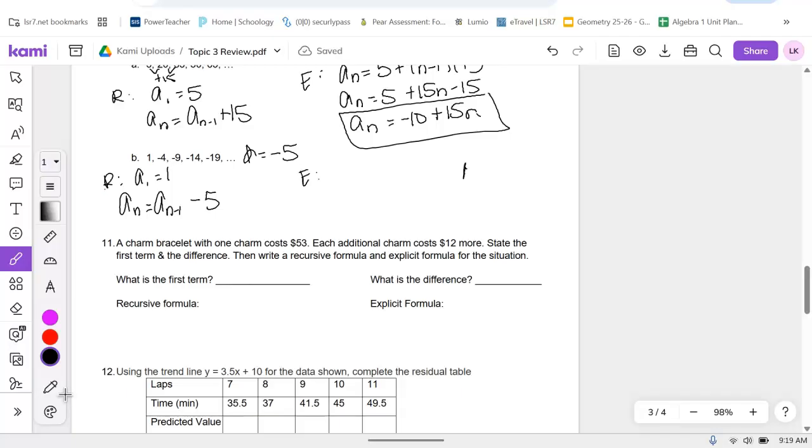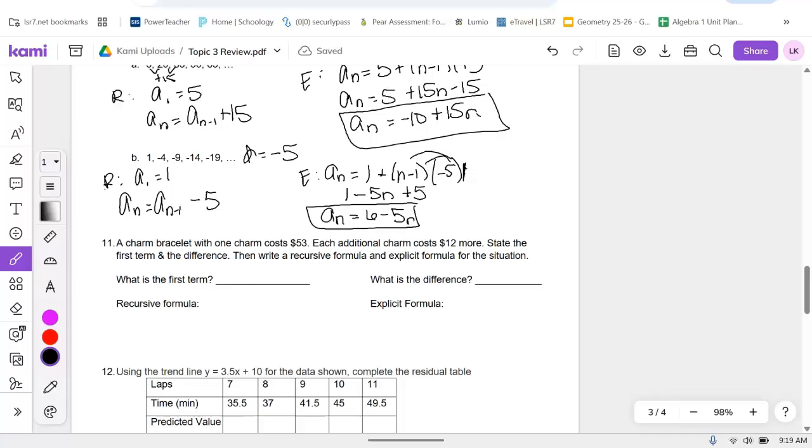For explicit, I have AN equals 1 plus n minus 1 times negative 5. I'm going to distribute that. So I have 1 minus 5n plus 5. So my final is AN equals 6 minus 5n.